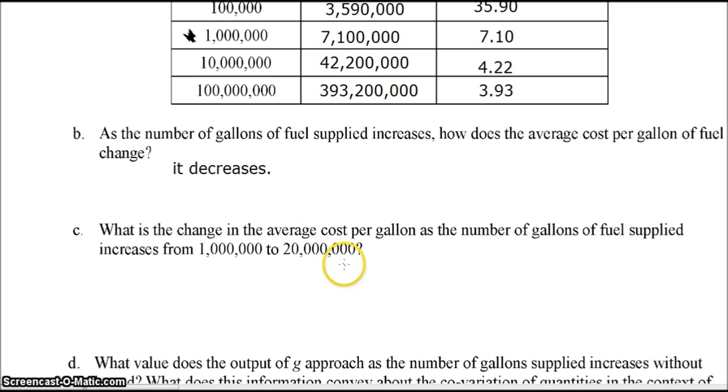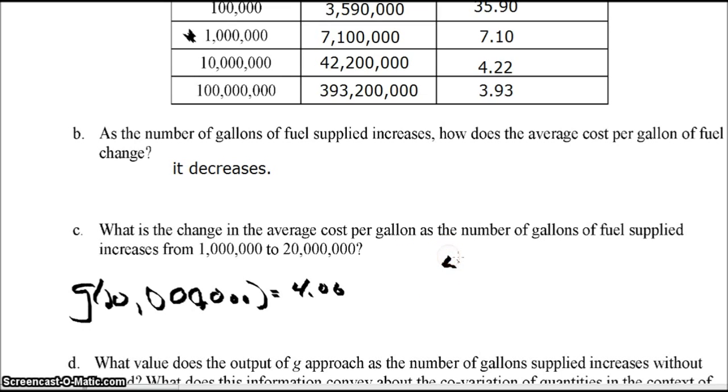The change will be whatever the value is at 20 million, which we can just find by plugging that into the function G. And we get 406. So the final average cost minus the initial average cost, which was 710, is negative 304. So the average cost decreased by $3.04 as the number of gallons of fuel increased from 1 million to 20 million.